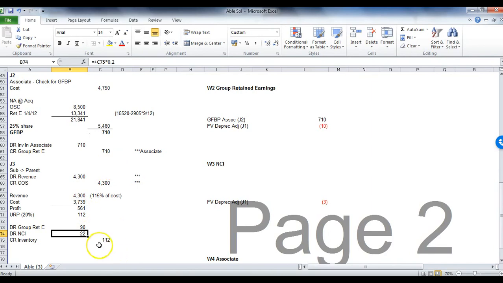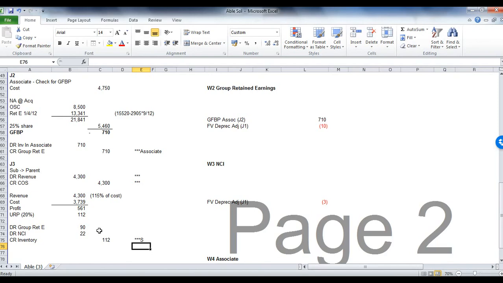And again, as before, just bear in mind this is a current year adjustment, and it's to do with the subsidiary, because the unrealized profits are sitting in the sub, so you're going to make the adjustment to the sub's accounts, and that's also going to impact the NCI split at the very end of the P&L.